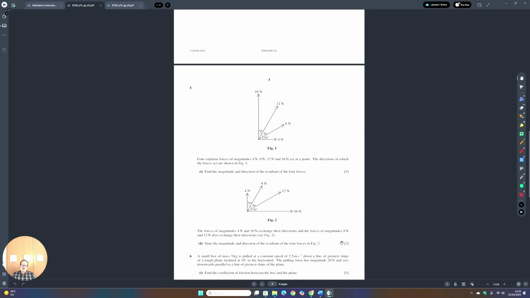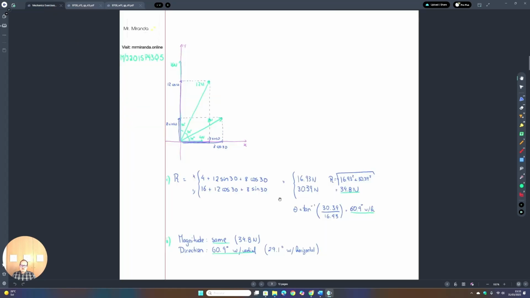Look, this is just a 2-mark question, so there's not much calculation involved over here. This should give you a hint that the angle over here should be emerging from what you calculated in the previous sub-question, right? And obviously, if you flip the position of this, the magnitude of the resultant force should be the same. Okay?